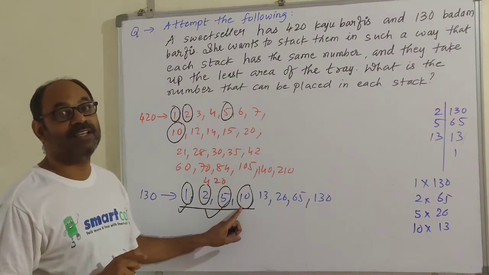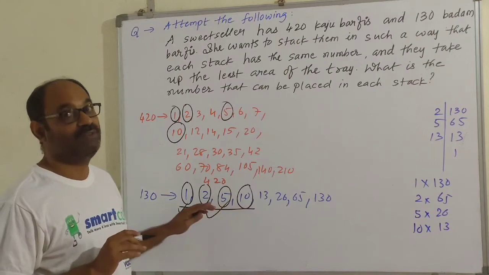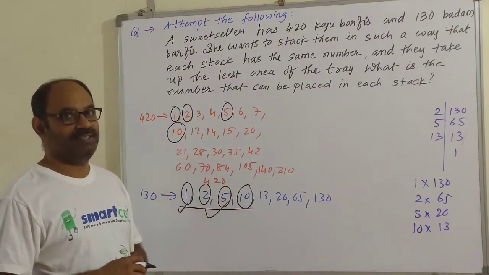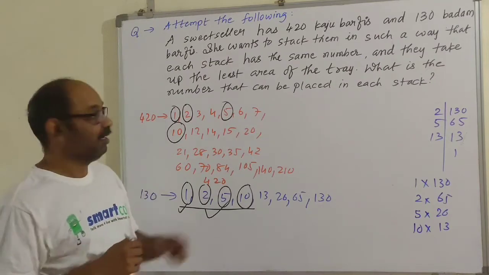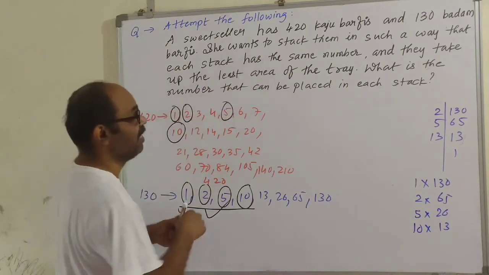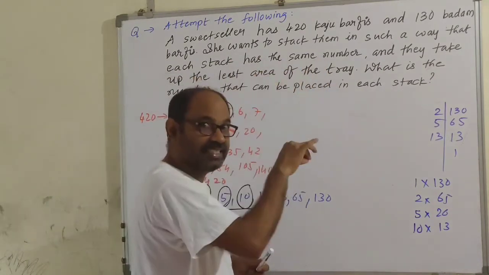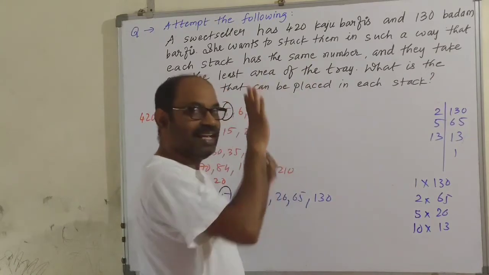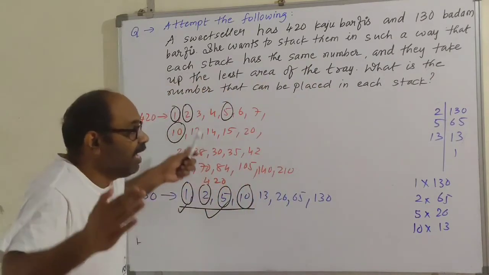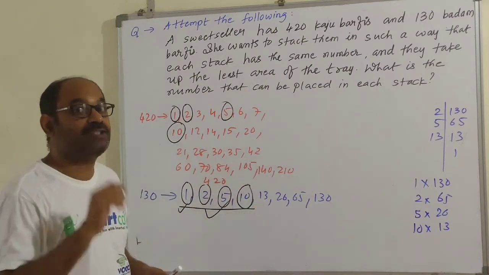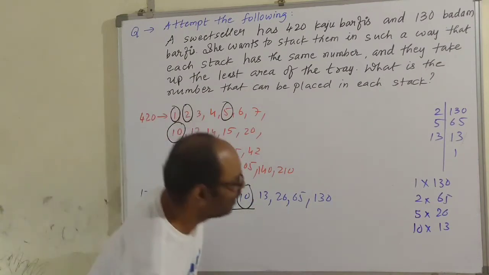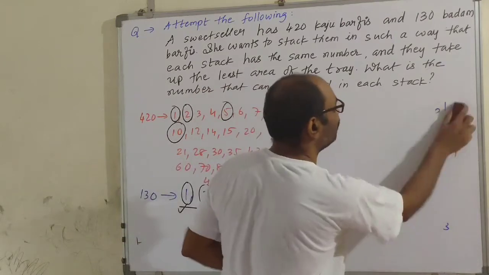Or in each stack, you can keep 10 burpees. So you've got 4 choices. There are 4 possibilities of making the stacks which satisfy the condition: same number of burpees in each stack. That is satisfied. But the area covered or area occupied in the tray has to be minimum. Now try to understand, children, please.